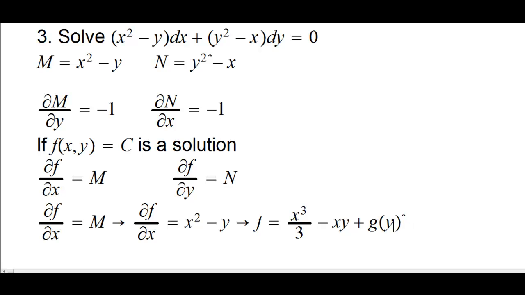Why? Because anything that involves y, we are treating as a constant. So when you're taking its partial derivative, the partial derivative of g(y) will become 0, right? Everybody clear? So g(y) is a function of y only, no x in there, right? Everybody good?